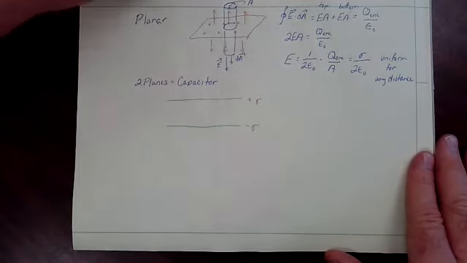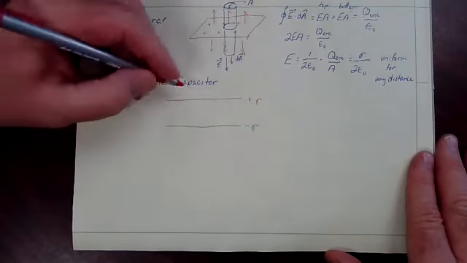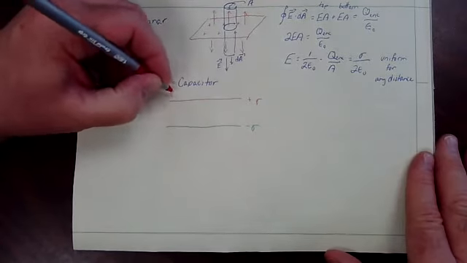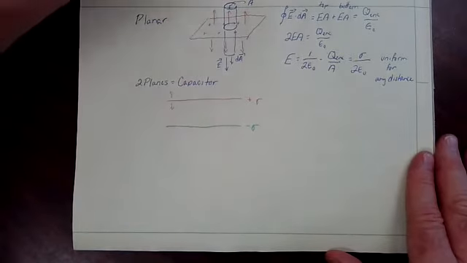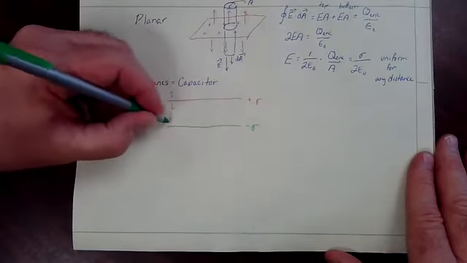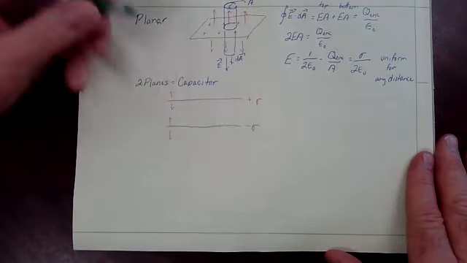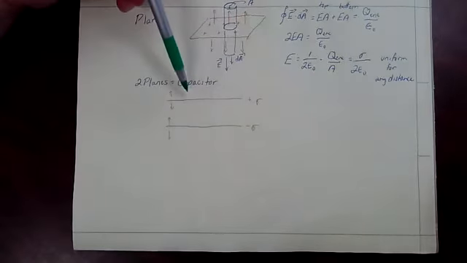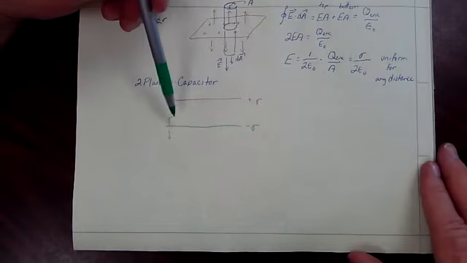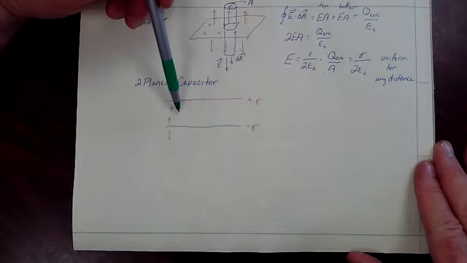As far as electric field goes, we have electric field going like this, and for the negative charge, we have electric field going like this. But this is what's called a linear space, and in linear spaces, the superposition principle holds. So the net electric field that you get is simply the sum of both.